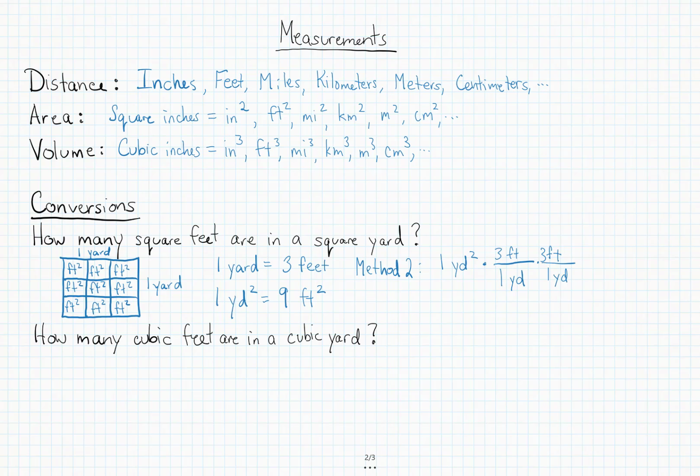And so we'll put in all those feet there, and then what we have is the yards will cancel. You'll have that square cancel with the 1 yard, and then the other yard, you'll see the line in the other direction here. So what happens is we get 1 times 3 times 3, and then feet times feet is feet squared, or square feet. And so that means we have 9 square feet in our answer. And we can use this method to build towards cubic feet in a cubic yard.